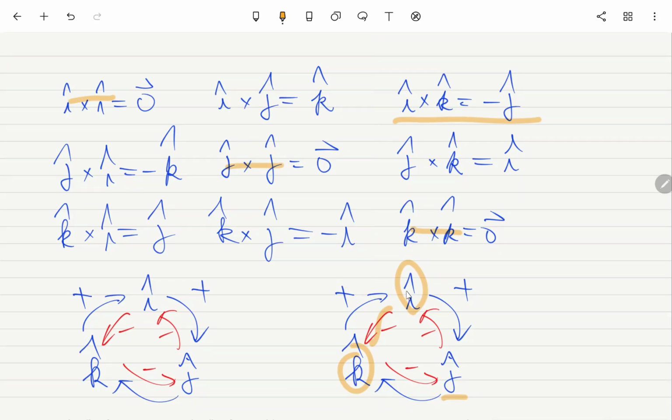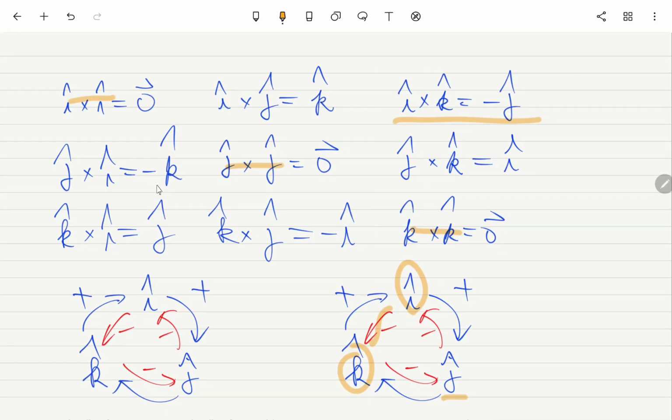So if we go clockwise, it will be the positive side: i cross j will be k, j cross k will be i, and k cross i will be j. If it is counterclockwise, i cross k will be negative j, k cross j will be negative i, and j cross i will be negative k.